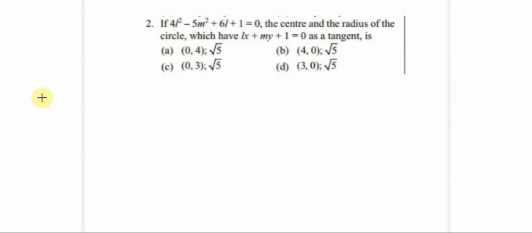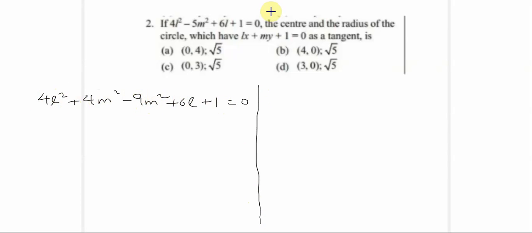Just to illustrate, let me show you both ways possible. So I can either make this 4m square minus 9m square plus 6l plus 1 equal to 0, or what I could do is make both 5, minus 5 times l square minus 5m square, and what's left is 9l square plus 6l plus 1 equal to 0.